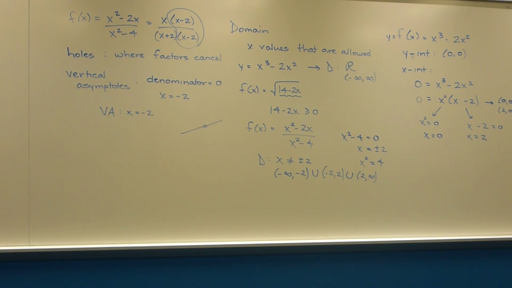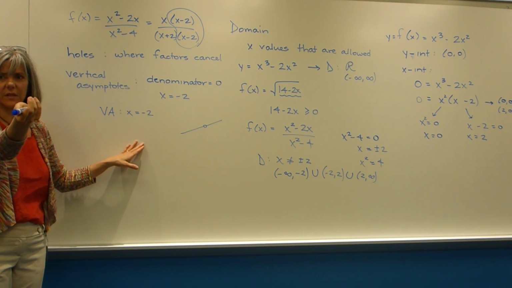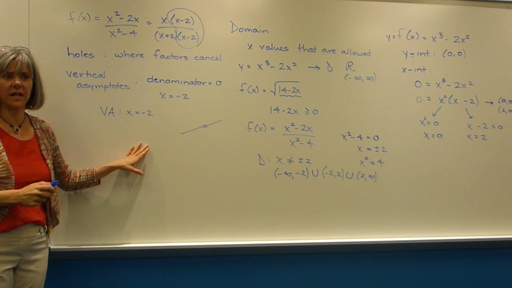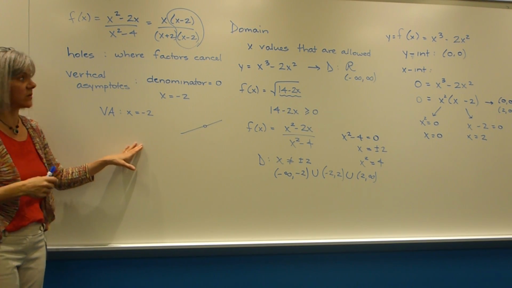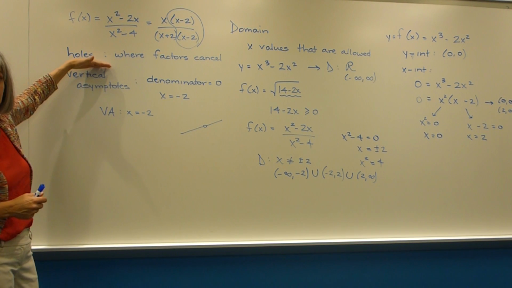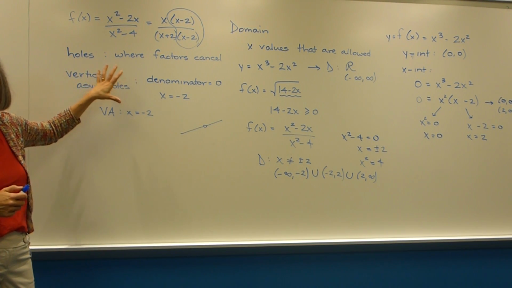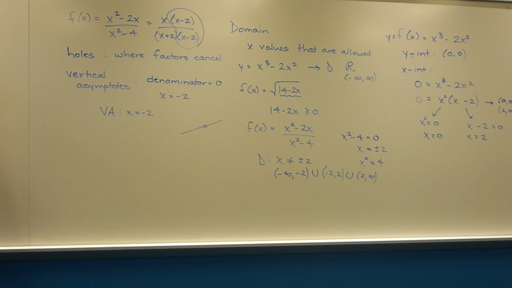I'm going to come back and do this with Desmos, but that's going to put a big glare on the video camera, so I'll come back and do that at the end of the class. Just remember for rational functions, holes first, and then vertical asymptotes. We're going to use this importantly next week, so it's good to get a handle on that.